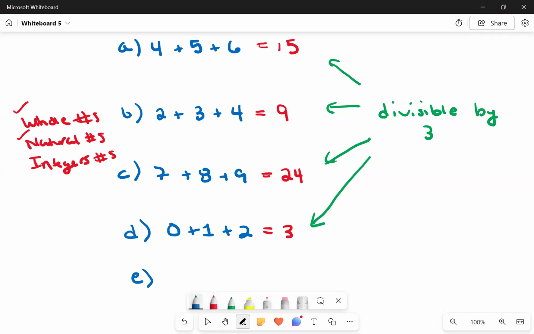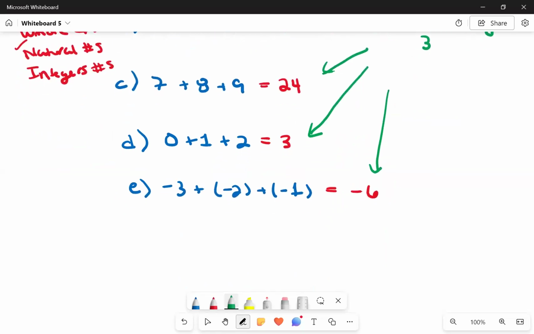So I'm going to pick some negative numbers this time. Let's do -3, -2, -1. I'm throwing those parentheses just to emphasize that they're negatives. Okay. So -3 plus -2 is -5, because when you add 2 negative numbers, it becomes more negative. And then -5 plus -1 is -6. And guess what? That's divisible by 3. Okay, so now based on this, I'm going to write down what I'm thinking.